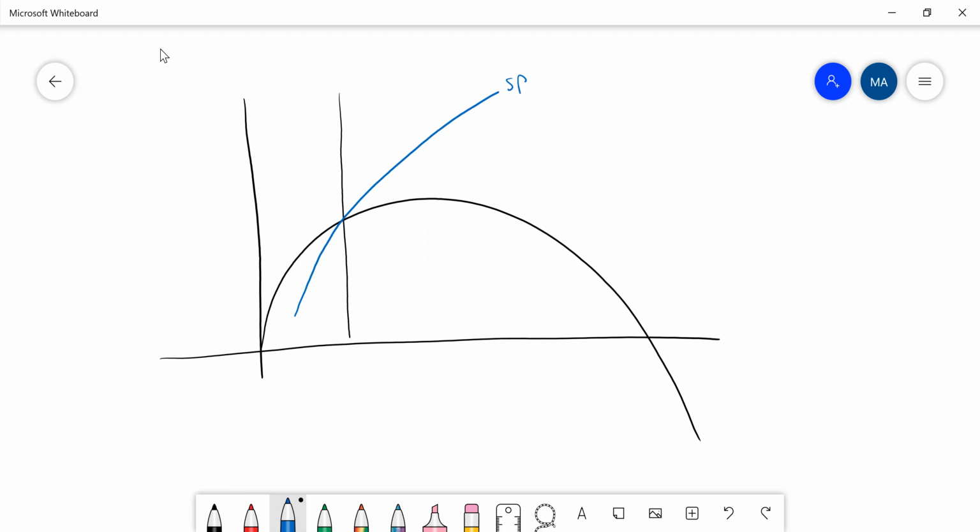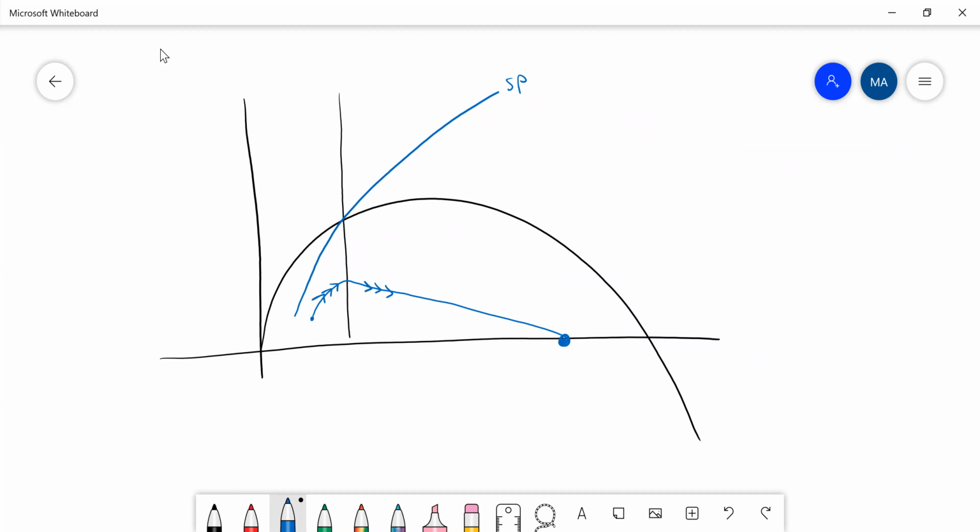If we are not on it, and suppose that we start here, we will travel like this, and in this region, we're going to travel like this, so we will arrive at a point like this.